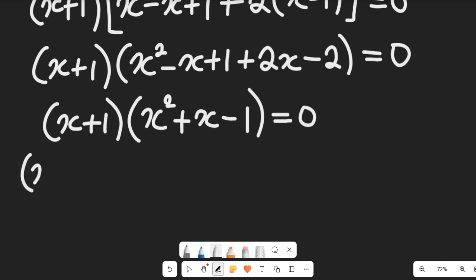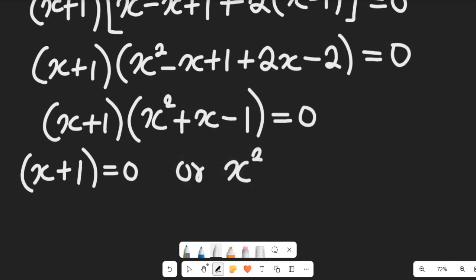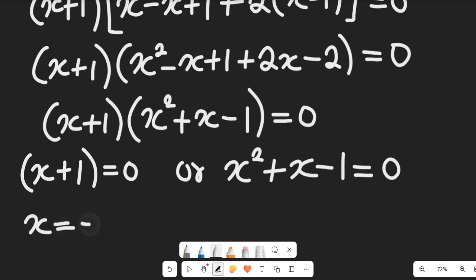We're now going to have x plus 1 to absolutely be equal to 0, or we'll have x squared plus x minus 1 to be equal to 0. So from this expression, my x can be equal to -1, and that is x2.